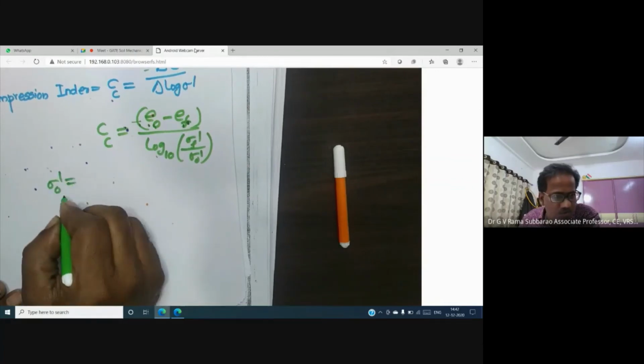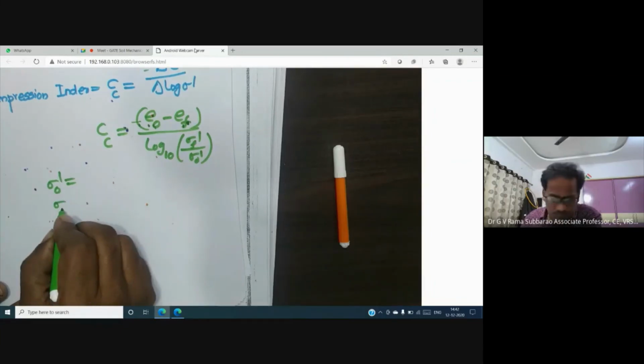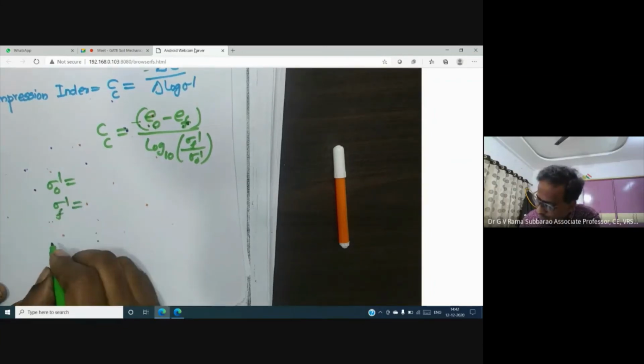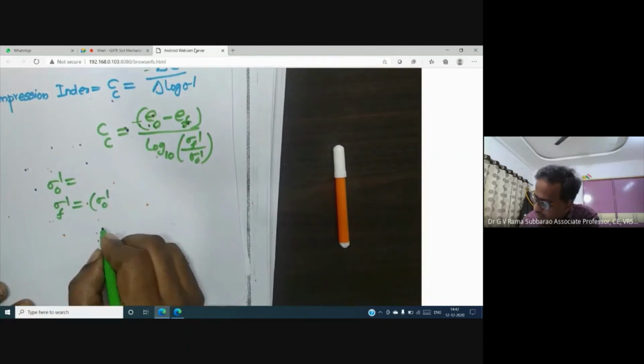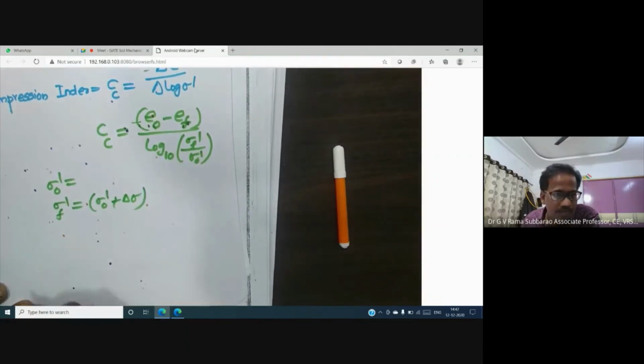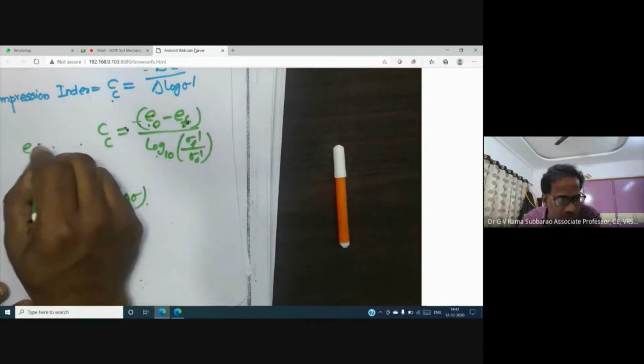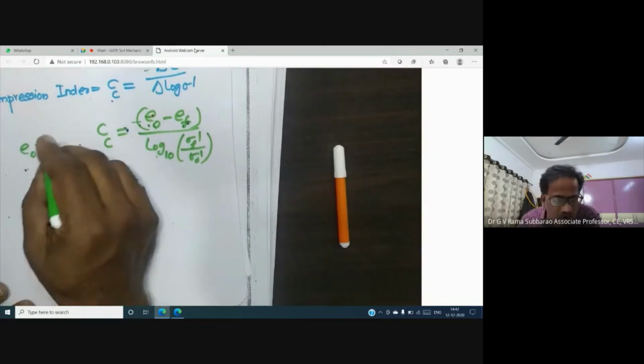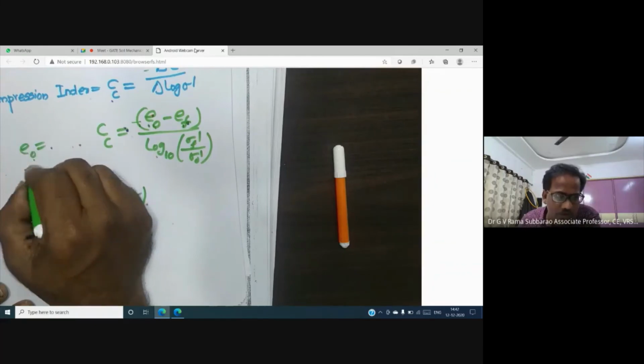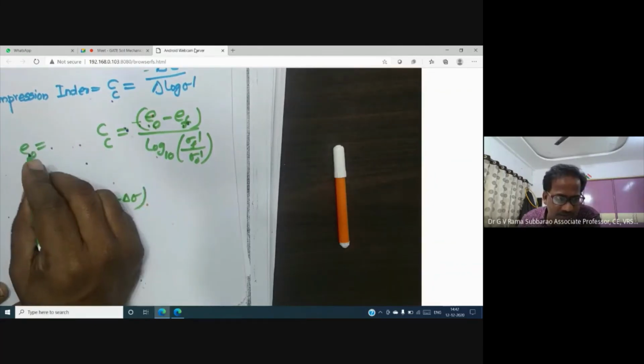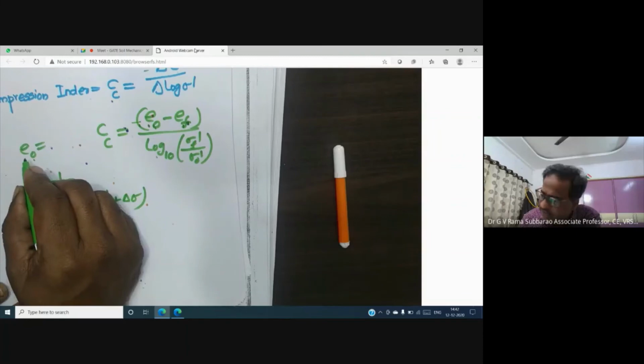Now you can write what is sigma naught dash. You know how to calculate effective stress. Probably in our beginning classes, we elaborately discussed how to calculate effective stress. And final stress is nothing but initial plus increase in stress. Somebody can ask me, you have not written what is e naught. Here e naught, the zero, means fully saturated condition where the thickness is H naught.